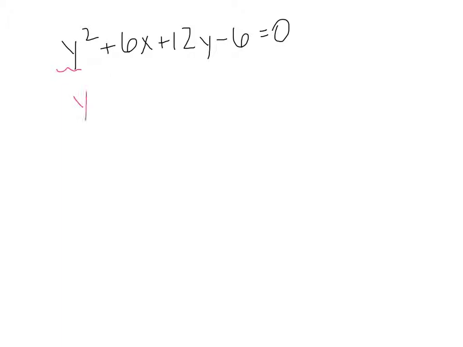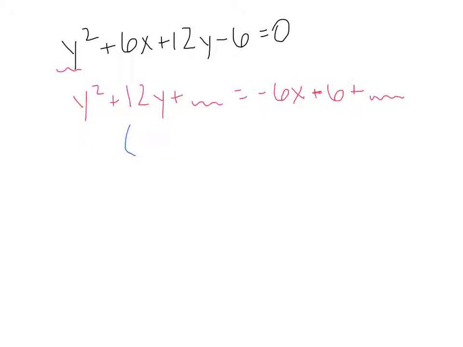So we'll have y squared plus 12y plus something equals negative 6x plus 6, that's a plus sign, I swear, plus something. Now let's complete the square doing b divided by 2.